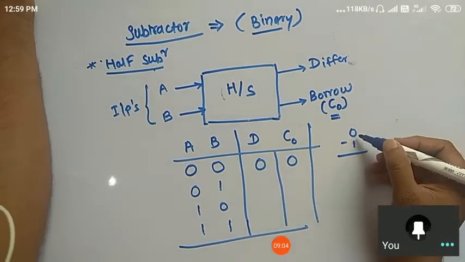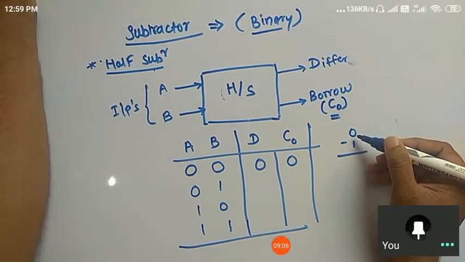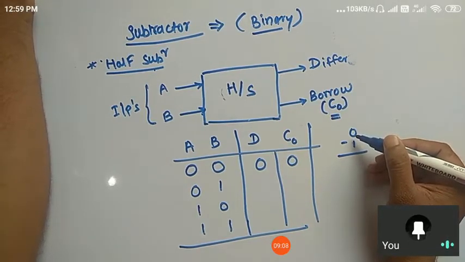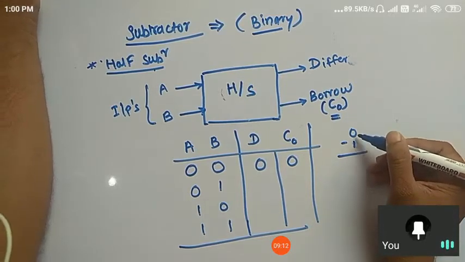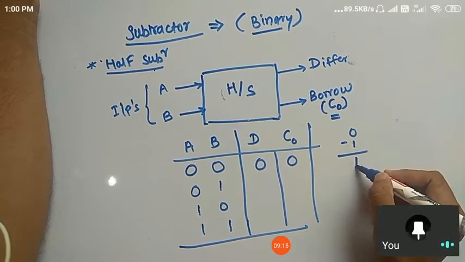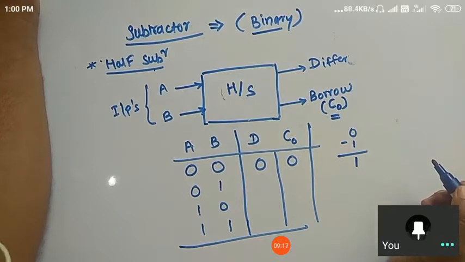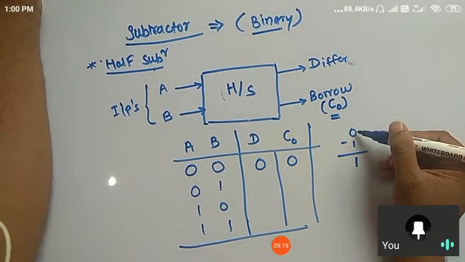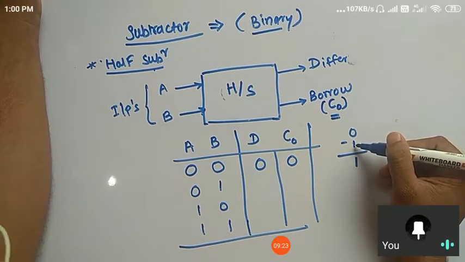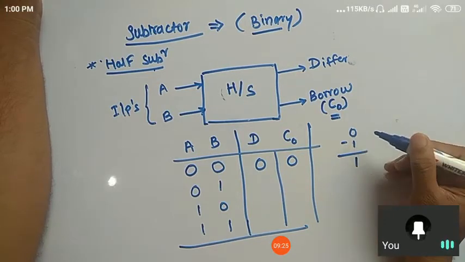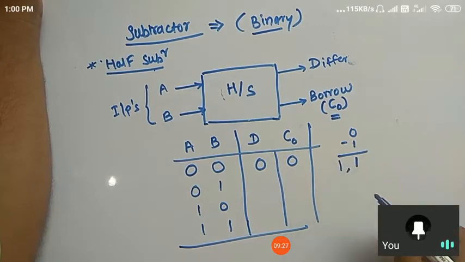The first bit is smaller than the second one, so the difference is 1, and since we are subtracting the second bit from a smaller bit, a negative result or borrow will be generated.